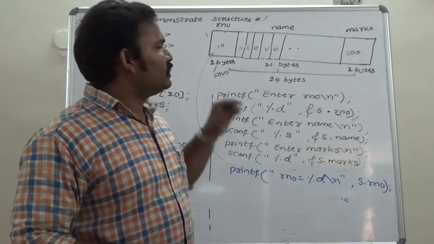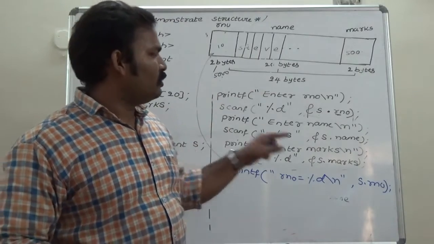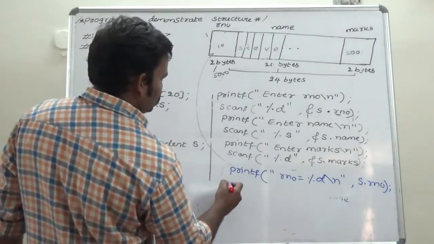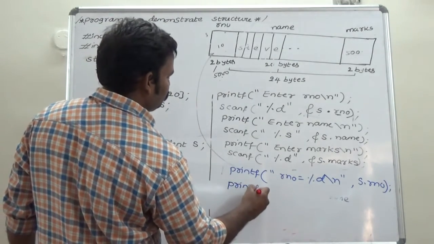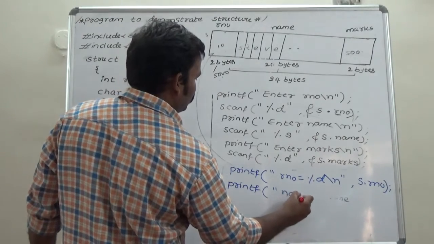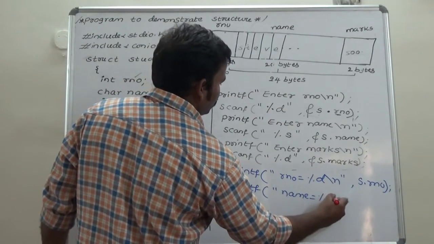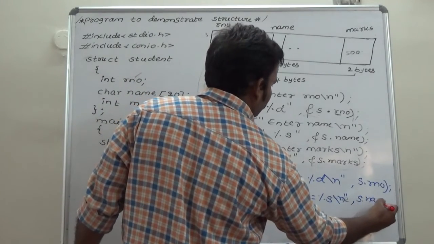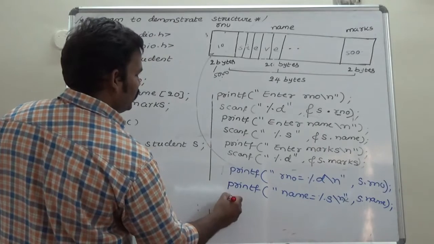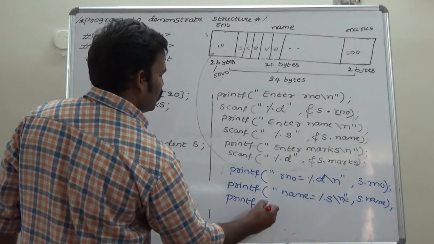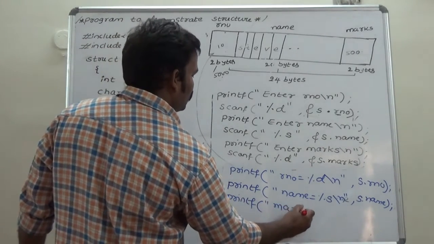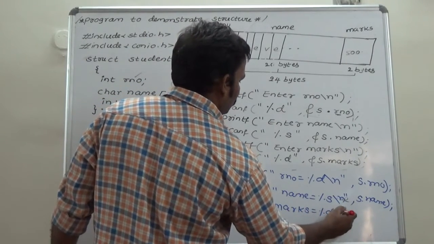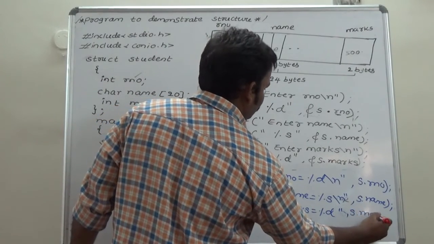Structure members can be accessed with the object name, direct access operator or indirect access operator. Next, printf name. Name is equals to %s \n comma s dot name. Next, I want to print marks. So marks is equals to %d, comma s dot marks.